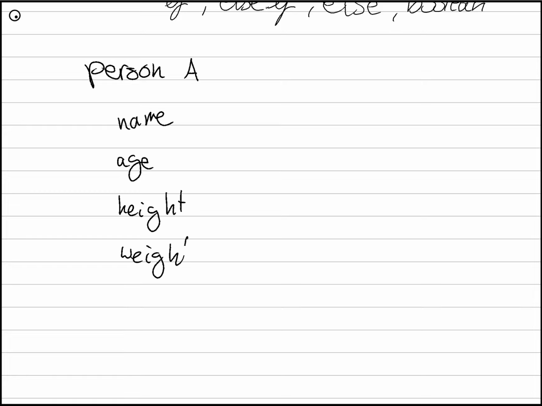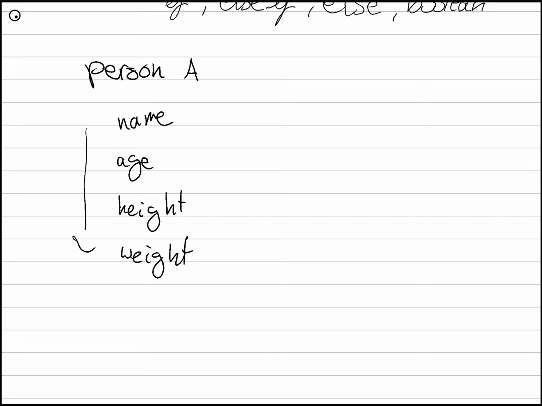But let's say there are two people that have very similar physical attributes and very similar names. We would check all their attributes to see if they're the same. So, let's say person A has a name, age, height, weight, everything.